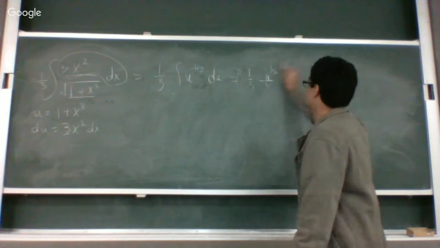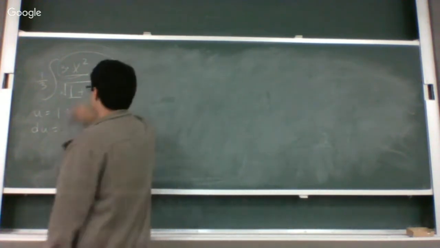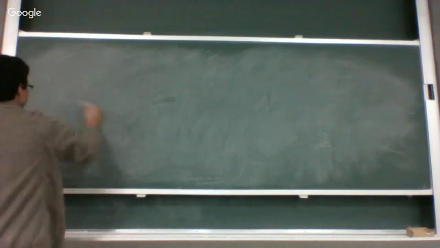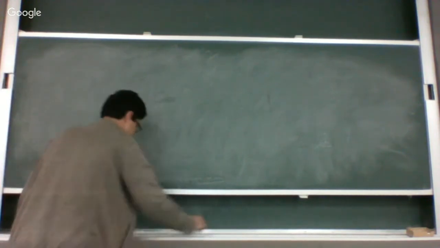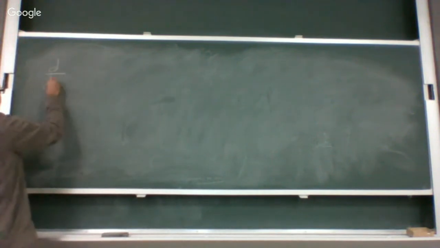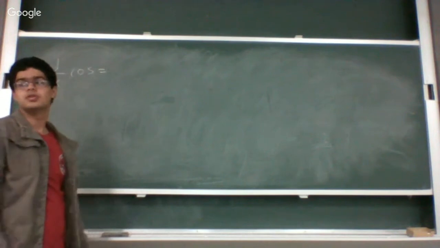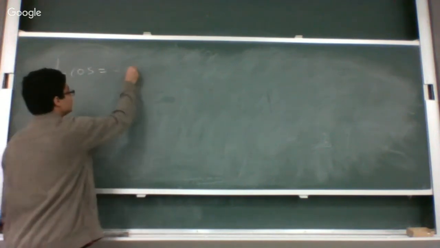So what do you think is the integral of cosine? So the derivative of cosine is what? Negative sine.